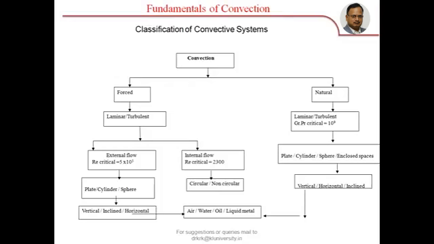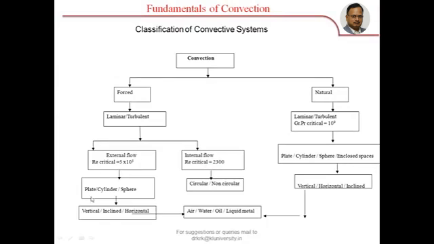The critical Reynolds number in case of external flow is 5 into 10 power 5, whereas in internal flow it is 2300. That means in internal flow, if the Reynolds number is more than 2300, it is turbulent. If it is less than 2300, it is laminar.